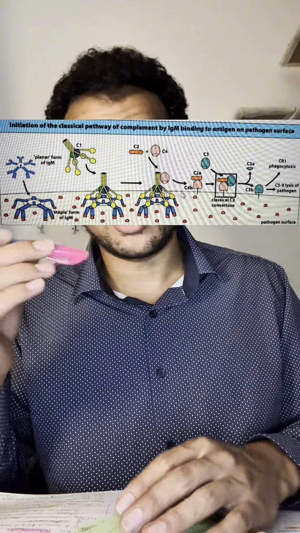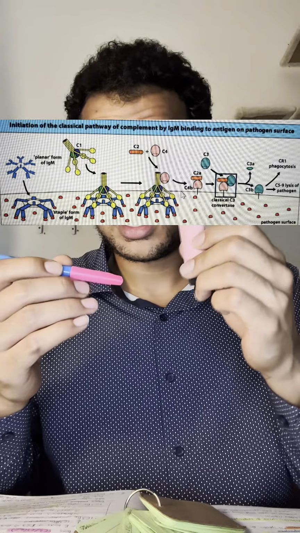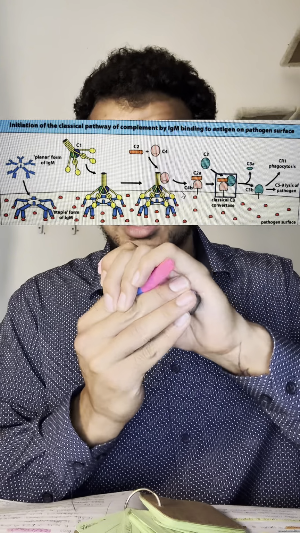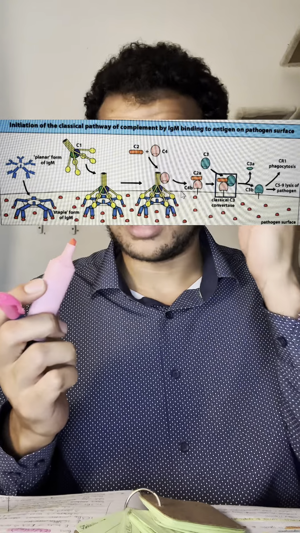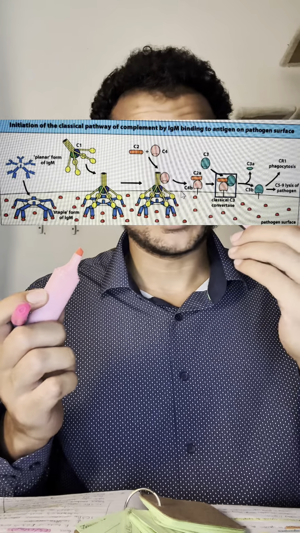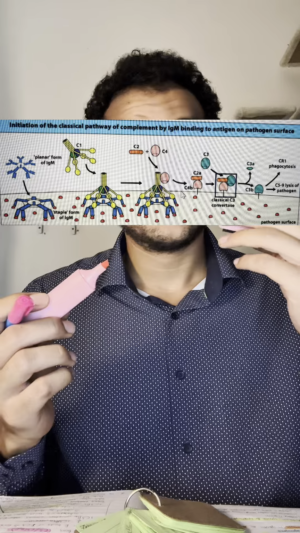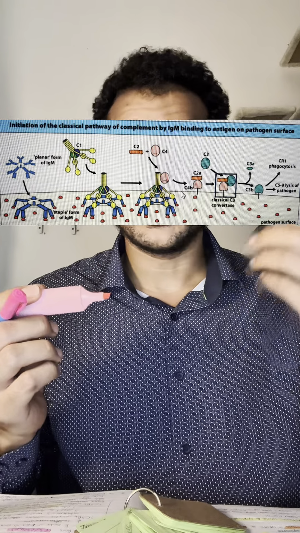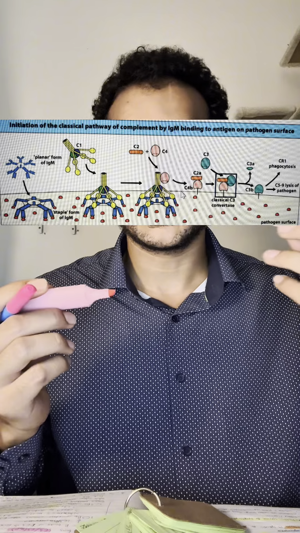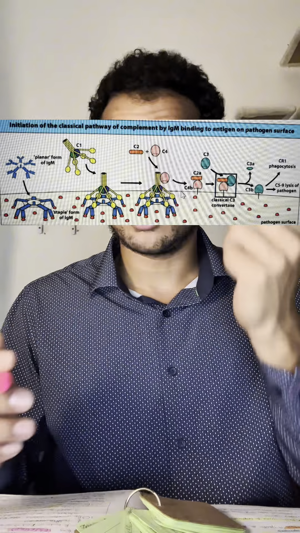So you're gonna put away the C1 because these are going to detach from that, free floating. It's going to find a C3, it's going to bind to that, and it's going to split up the C3 into two pieces. So you have C3a, which is an anaphylatoxin. It mediates histamine release and increased vascular permeability, vasodilation, leukocyte extravasation. We'll go over a little bit more later. And then you have C3b.